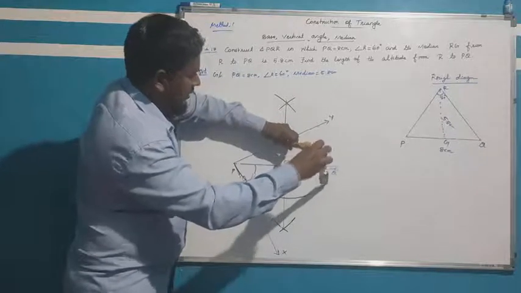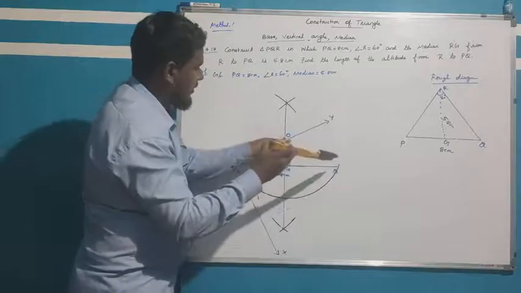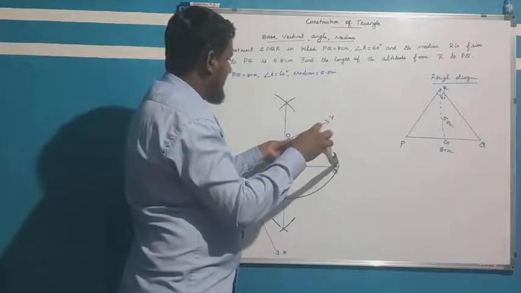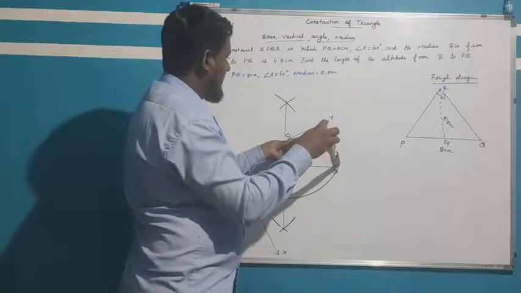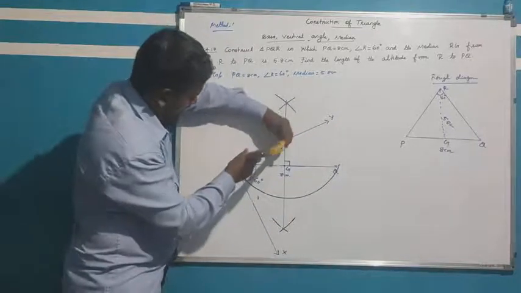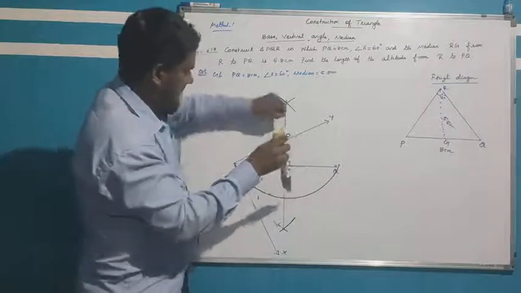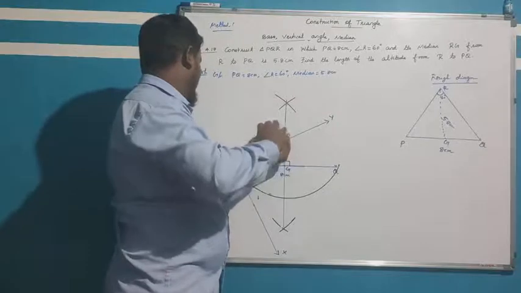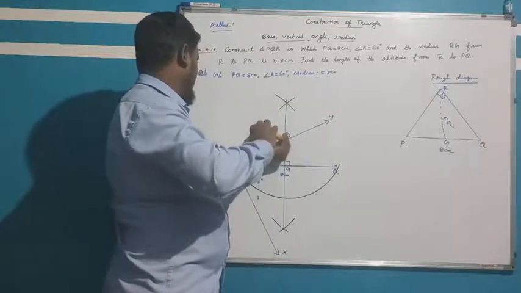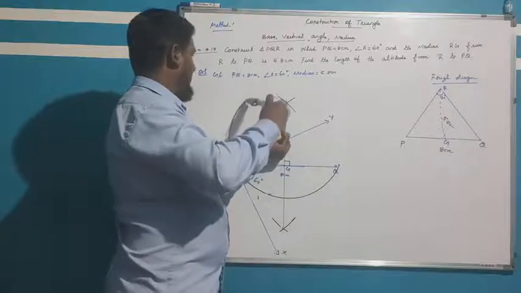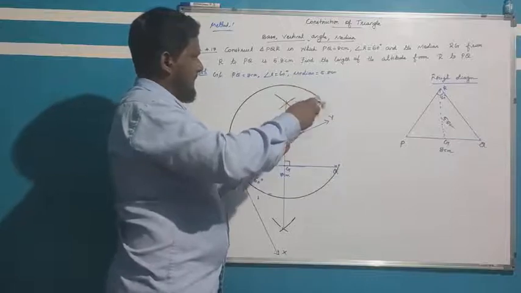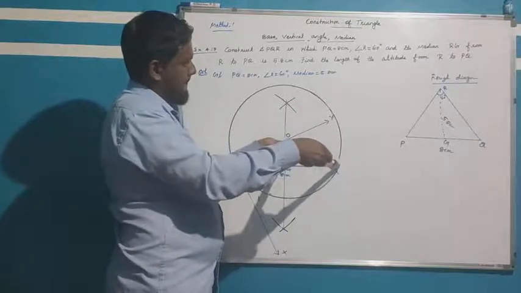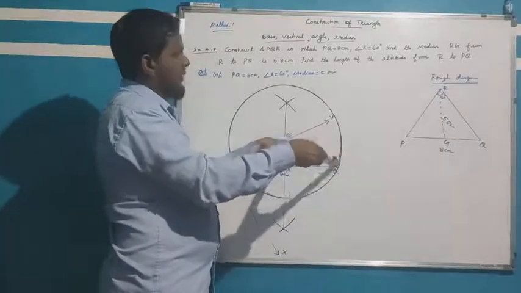Then after that, draw the circle. Okay, you can draw correctly.